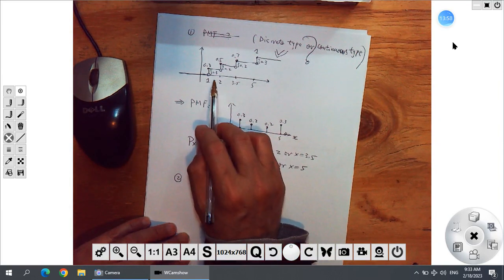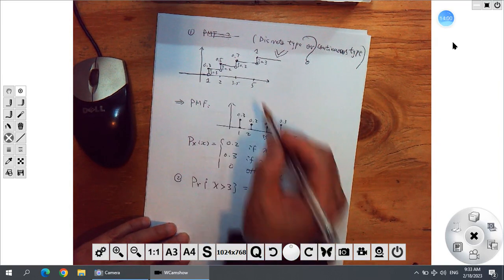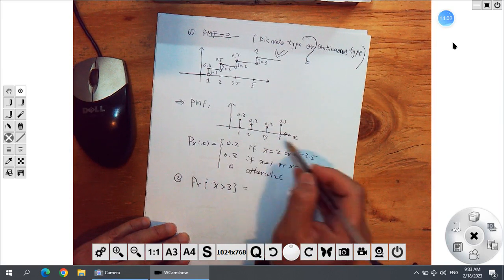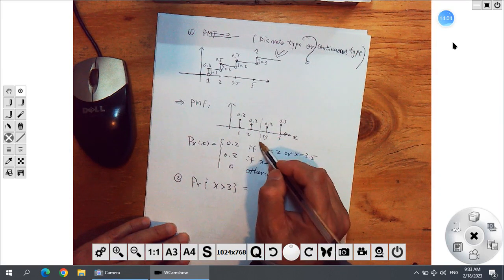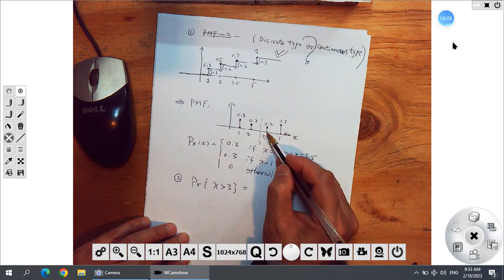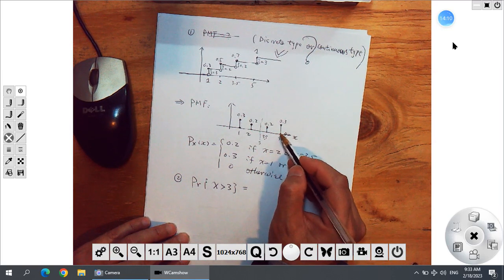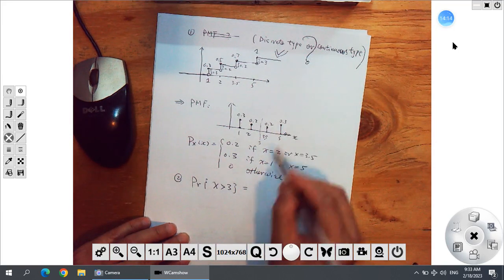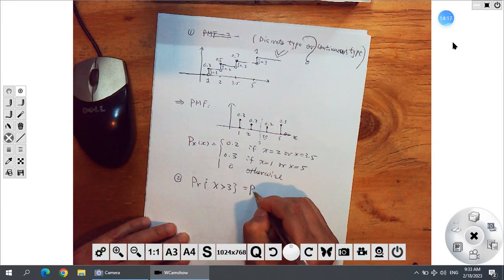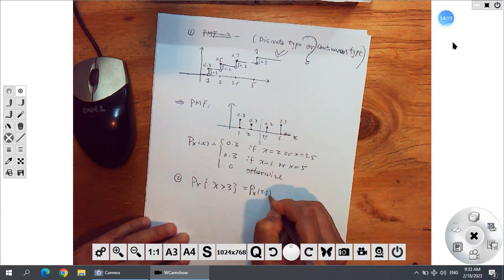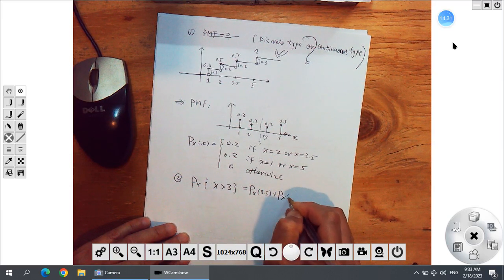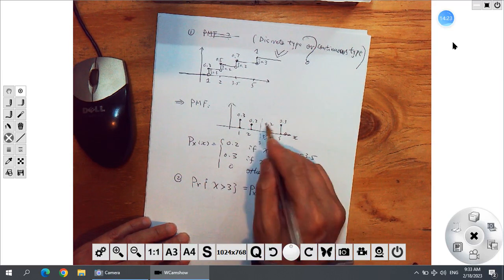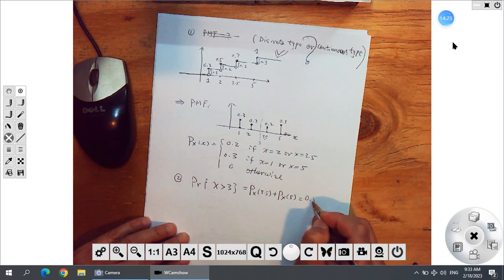You check the PMF. 3 will be here. Larger than 3, so we have two values, 3.5 and 5. So the probability is just the summation of these two. So we write P_X at 3.5 plus P_X at 5, which is 0.2 plus 0.3, which is 0.5.